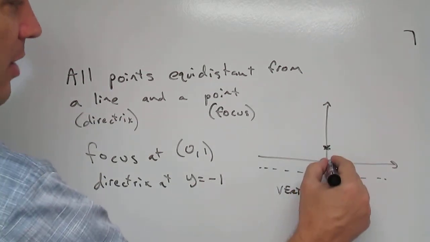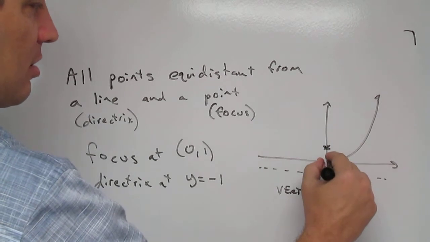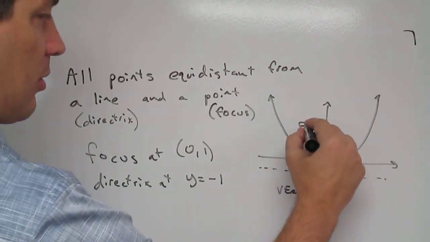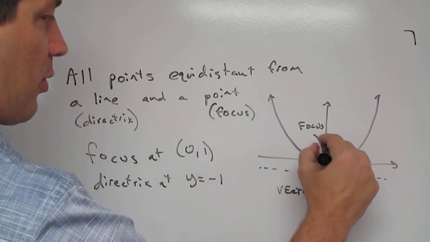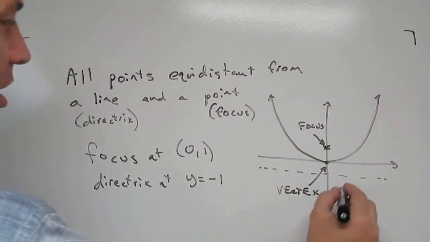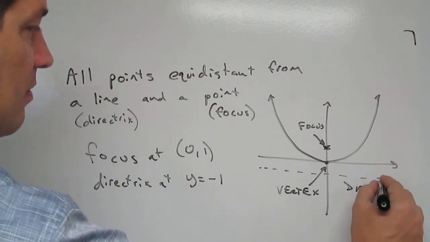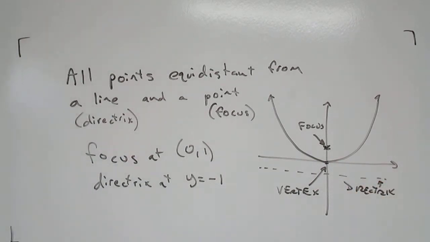Okay, and if I were to draw the rest, it would kind of look something like this. Okay, so I want to talk about the pieces and parts before we try to figure out each of them. And this is the directrix. Okay. Now we have the axis of symmetry. I'm going to change colors for a second.